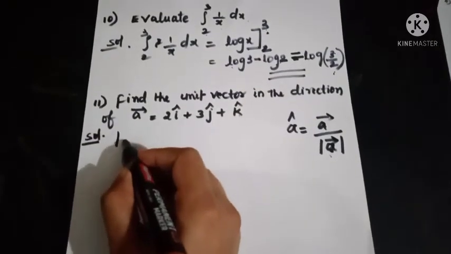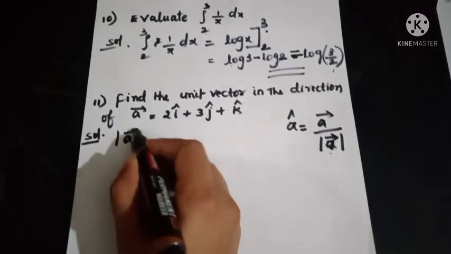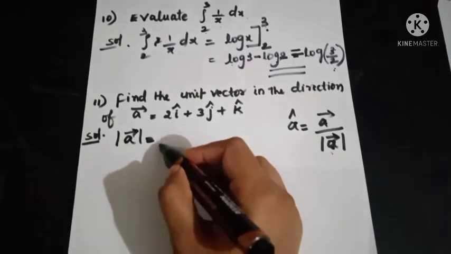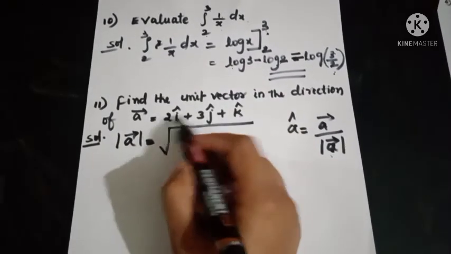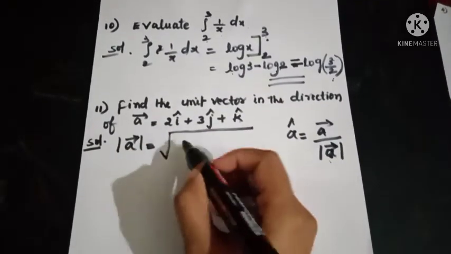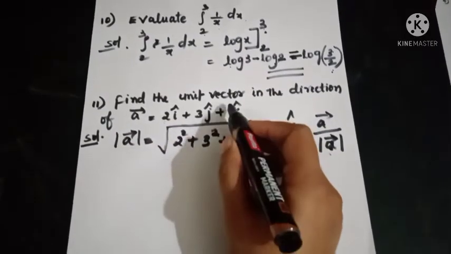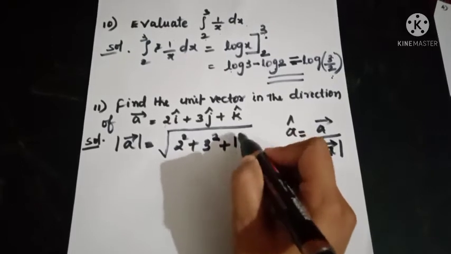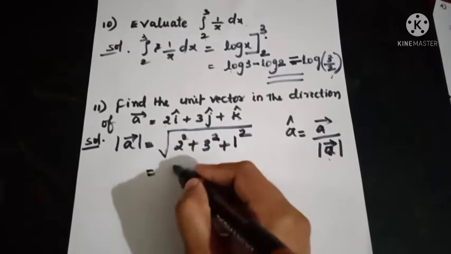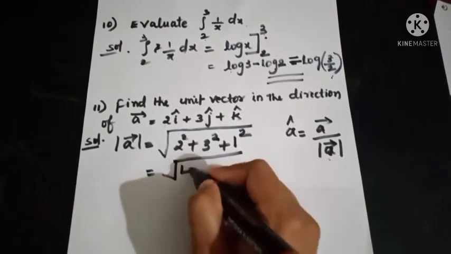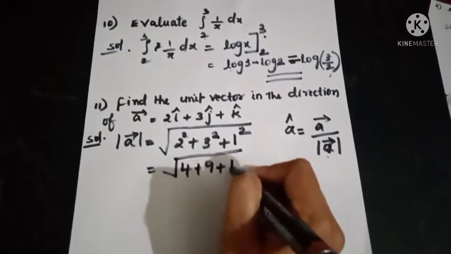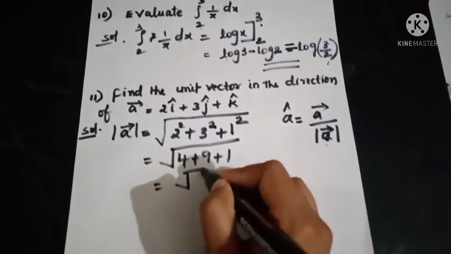To find the magnitude of vector a, it is nothing but the square root of the square of the components. So 2 square plus 3 square plus, if there is nothing here, we should consider it as 1 square. This is nothing but square root of 4 plus 9 plus 1, square root of 14.